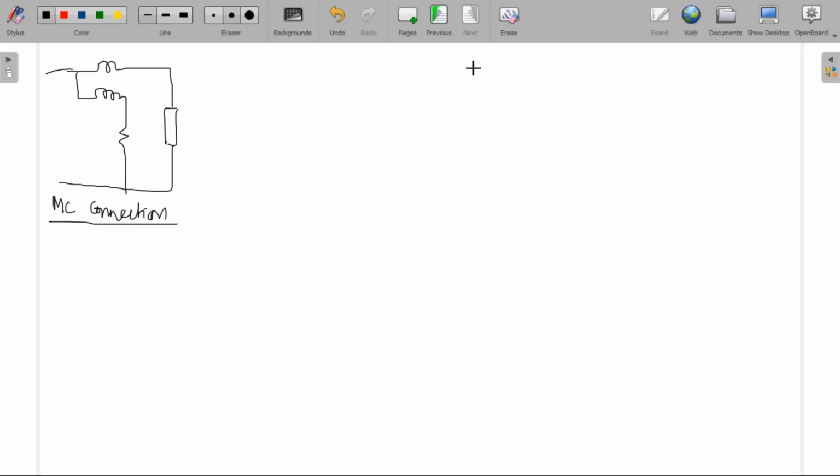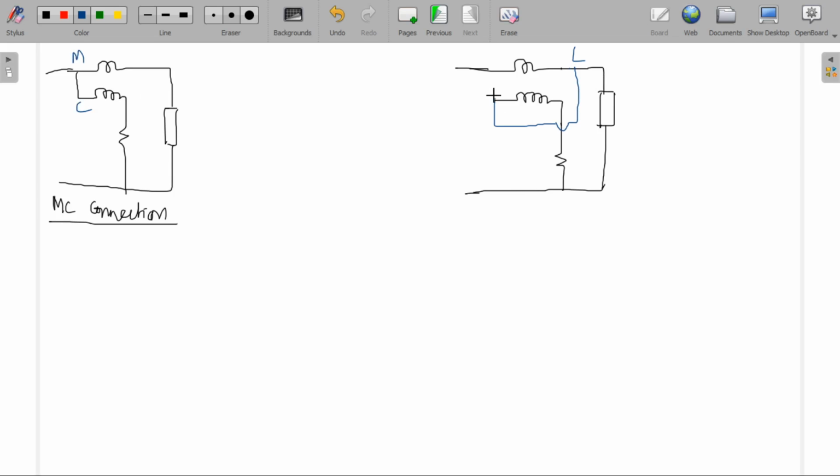Coming to the LC connection. This is the LC connection, and this is the MC connection.